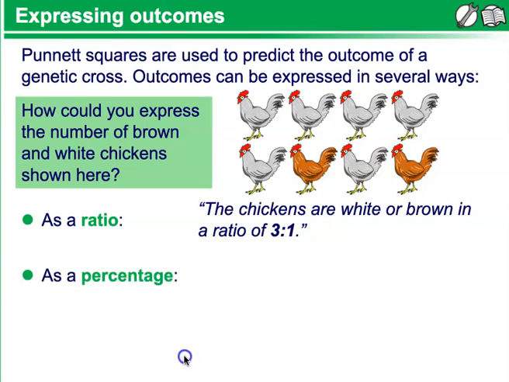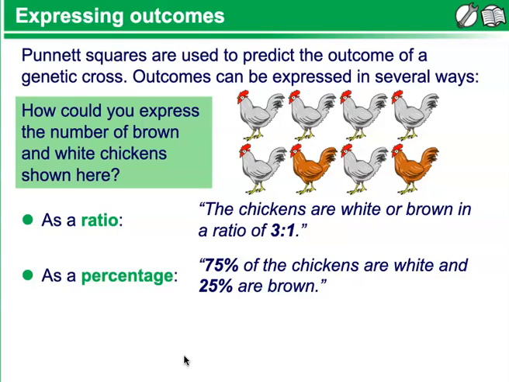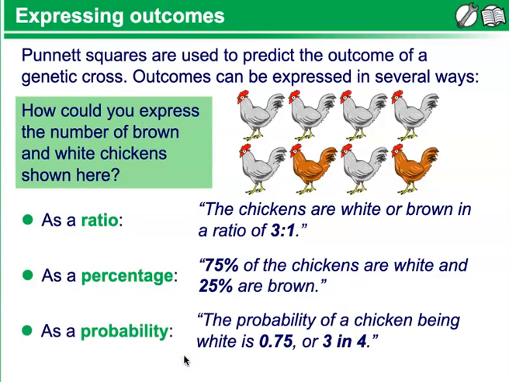As a percentage, in this case, 75% of the chickens are white and 25% are brown. Or as a probability. The probability of a chicken being white is 0.75 or 3 out of 4.